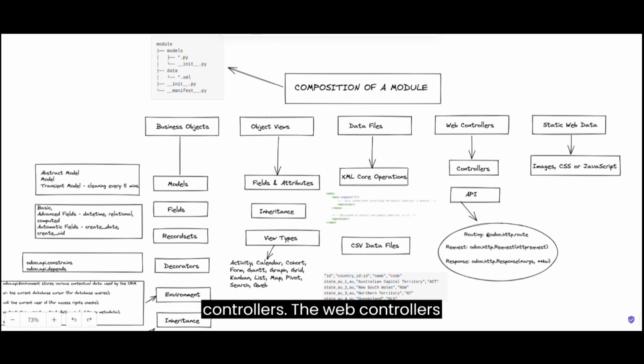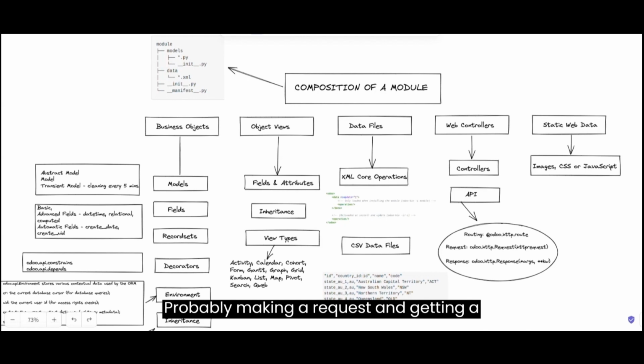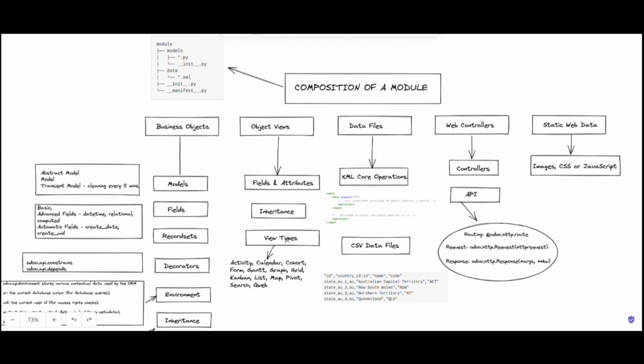The web controllers use both the logic and the view. Some data will be passed from the logic to the view for the user to interact with. These controllers will have their own routes, probably making a request and getting a response.